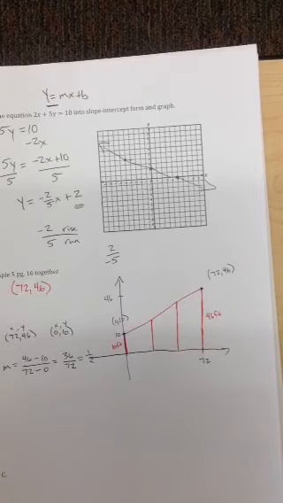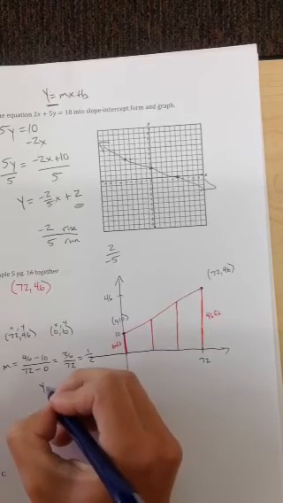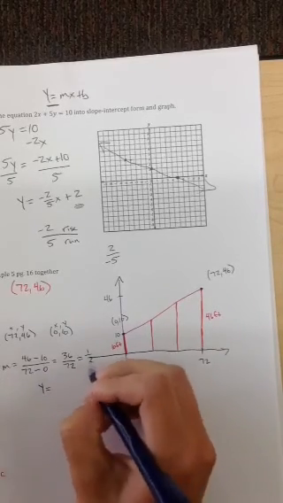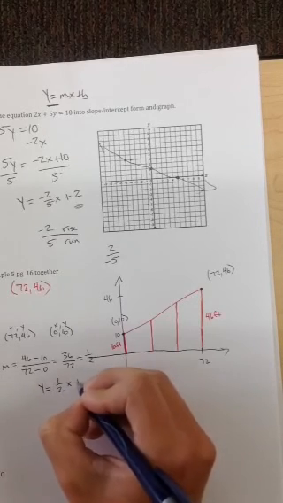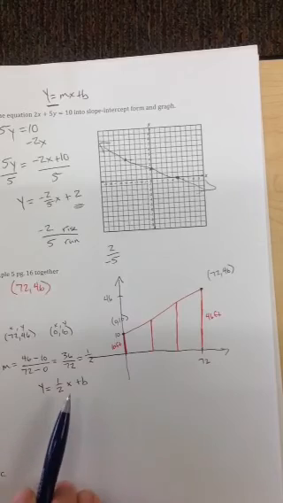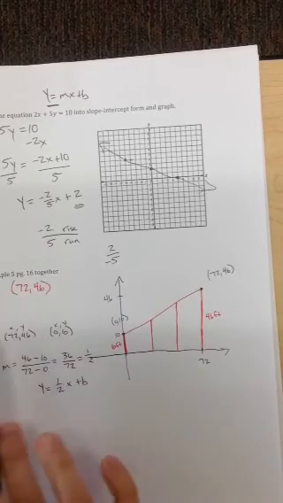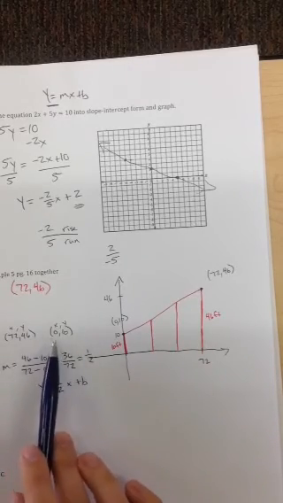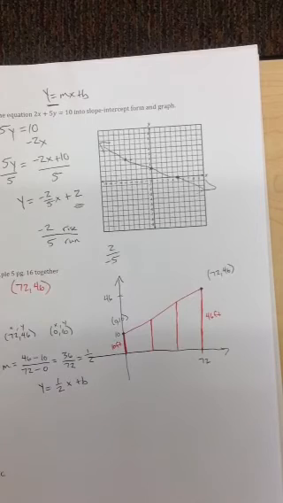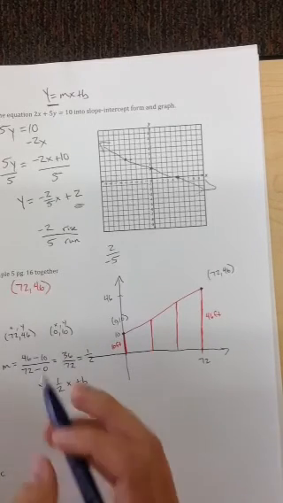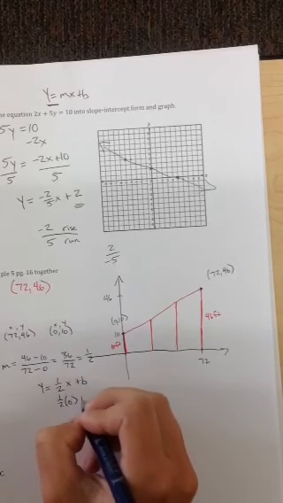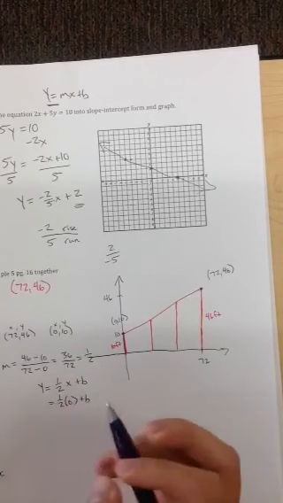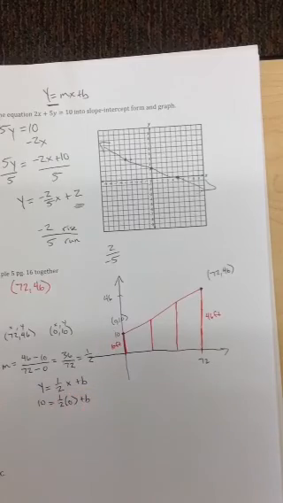Now using what we did before, y equals mx plus b, where our m is 1/2. So y equals 1/2 x plus b. Again, we need an x and a y, and we've got that in our ordered pairs. I'm going to choose (0, 10) because they're smaller numbers. So my x is 0, and my y is 10. So I've got 1/2 times 0 plus b is equal to 10. Plug in a 10 for the y, then solve that out for b.